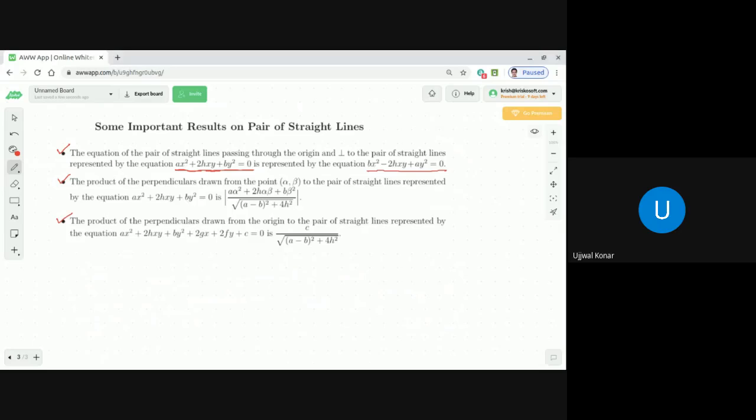Now, dear students, I would like to discuss the last point for today, and that will complete our discussion. That is the theorem on n straight lines. Here I'm going to show it to you.